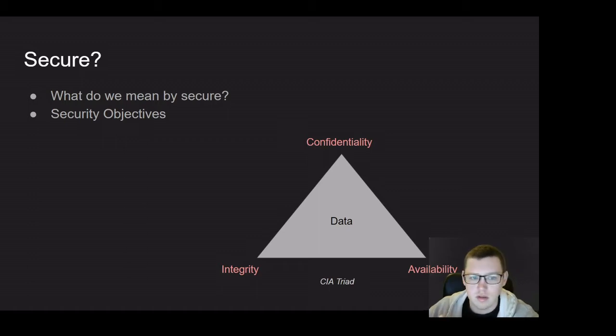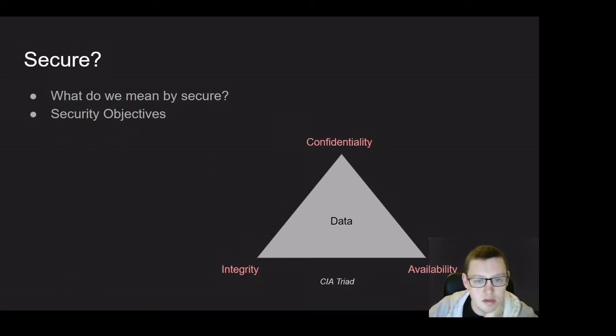Okay, so the most common way we present this in the security field that you've probably seen before is the CIA triad or CIA triangle. That's on screen now. So security can be described in terms of the following three objectives or goals. Confidentiality, so keeping information or data private.